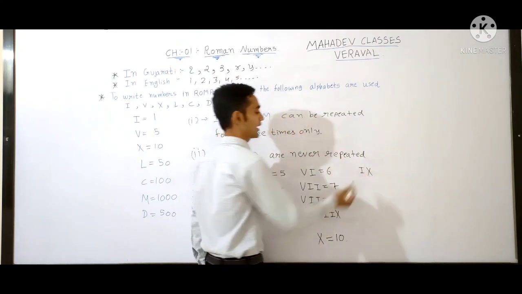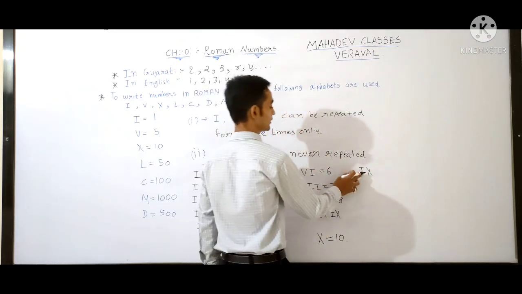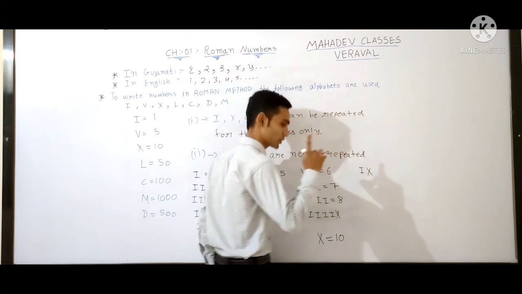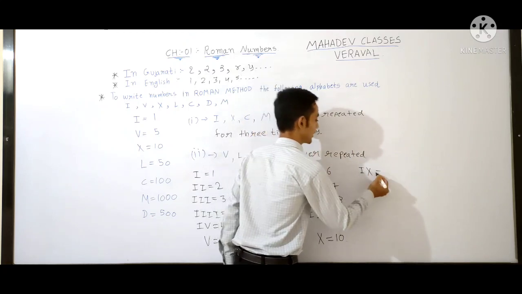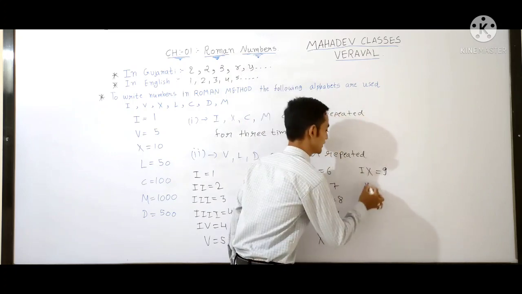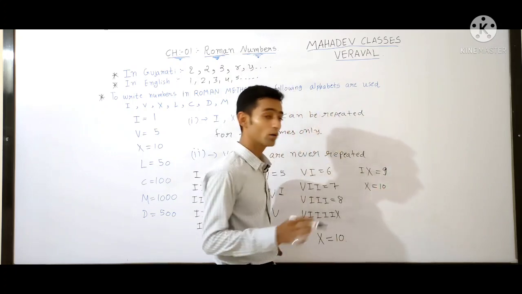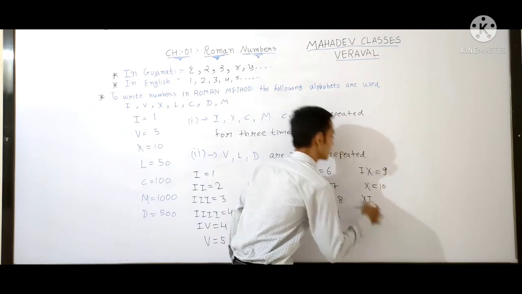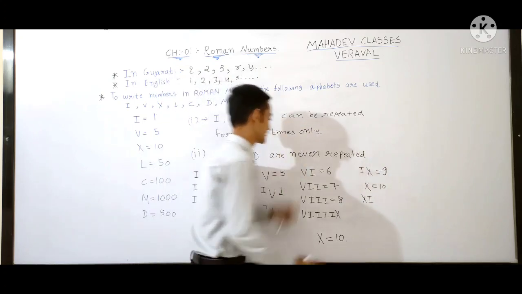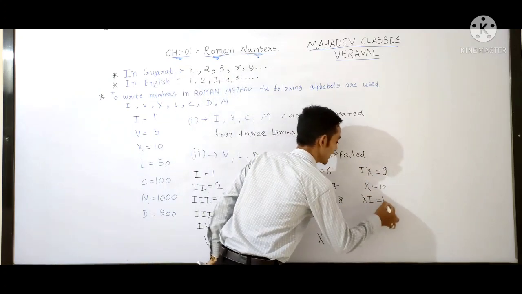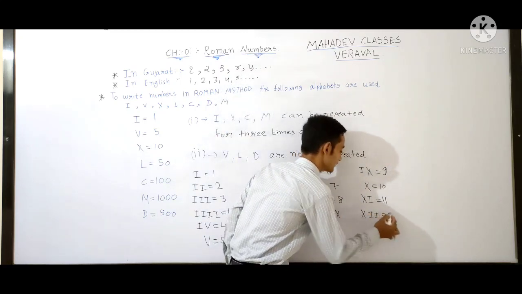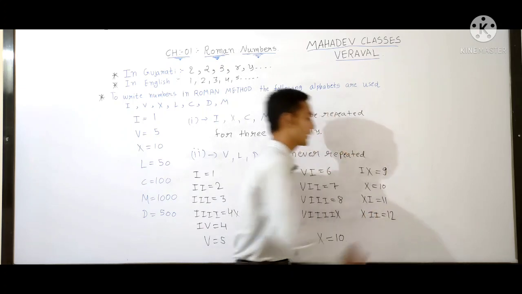X means 10, I means 1, and we have written I on the left side of X, so it is subtraction: 10 minus 1, you will get 9. And similarly, X is equal to 10. If you write I on the right side of the X symbol, there will be a process of addition: 10 plus 1, you will get 11. Similarly, X and double I means 10 plus 2, you will get 12.